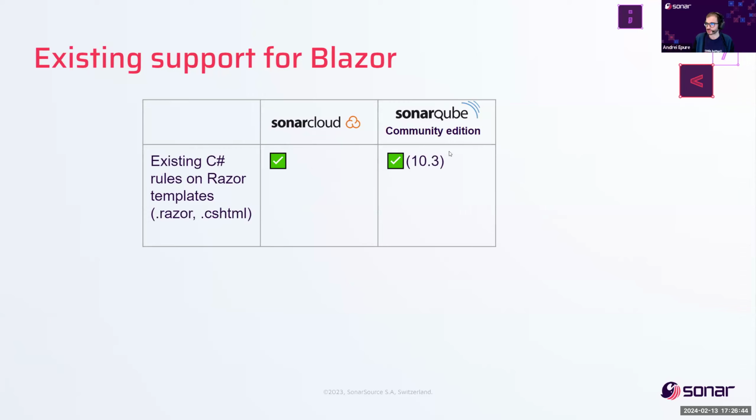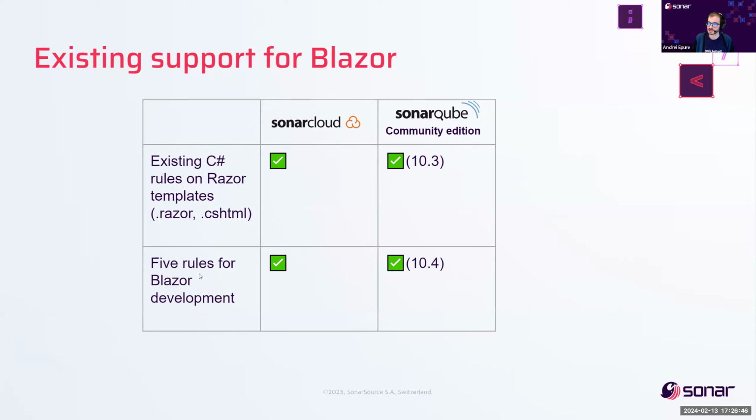So SonarCloud and SonarQube 10.3 support this, and the 5 rules that we've added, I showed 4 of them, and Denis is my colleague. He's going to show the 5th one. They got shipped in SonarQube 10.4, and they are part of the community edition, so you can use them in case you are using the community edition. And that's what I wanted to share.